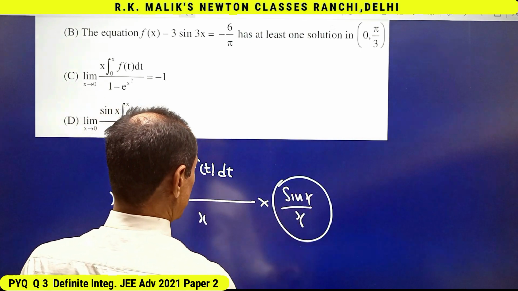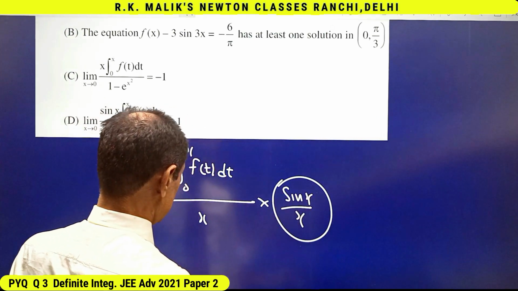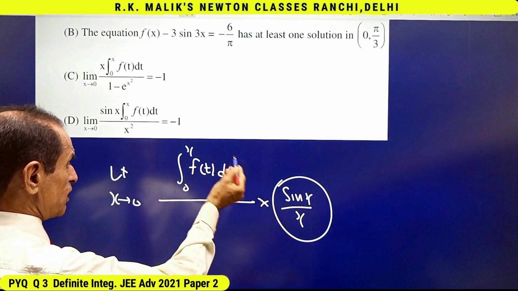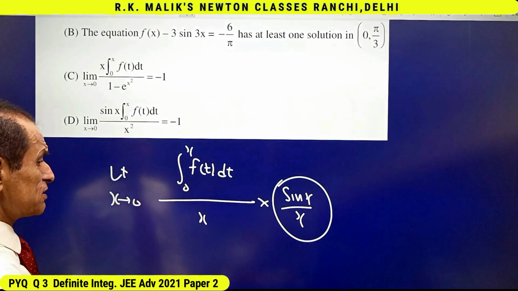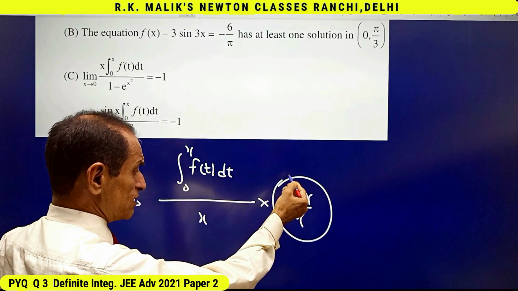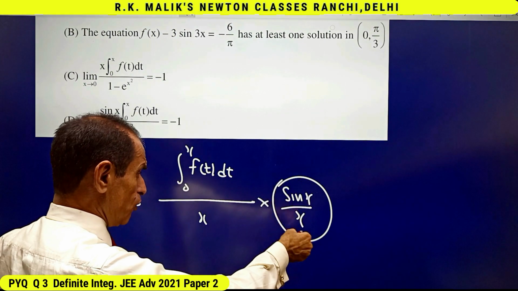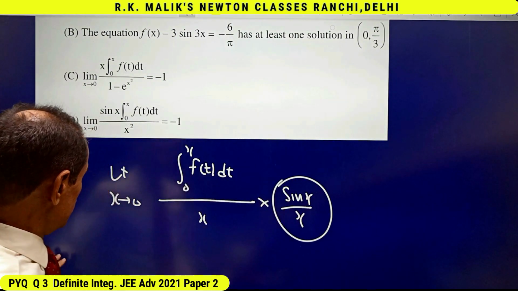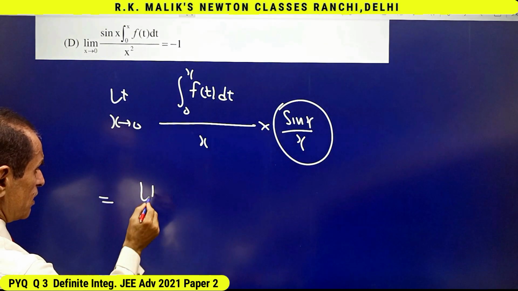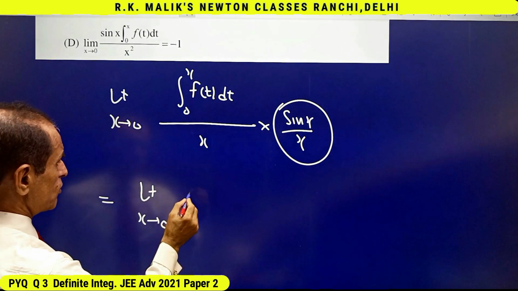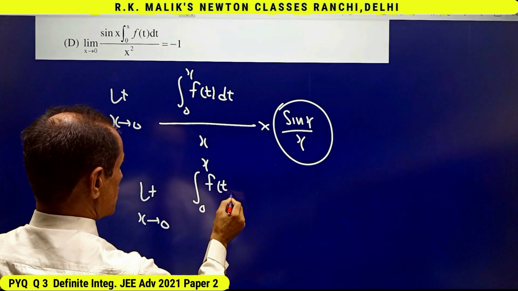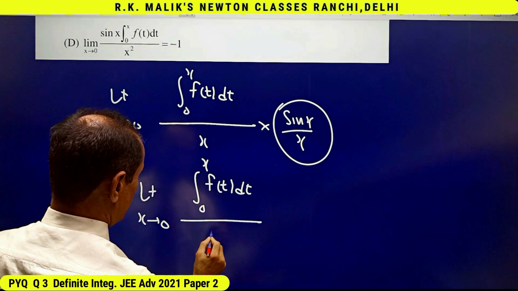The limit of this is 1, known to us, and because again this is in multiplication with the remaining whole question on which the limit is operating, and the limit of this part is 1, that is non-zero finite, therefore I am allowed to take the limit of this part. Hence I get the conclusion that this is the limit as x tends to 0 of the integral from 0 to x of f(t) dt upon x.